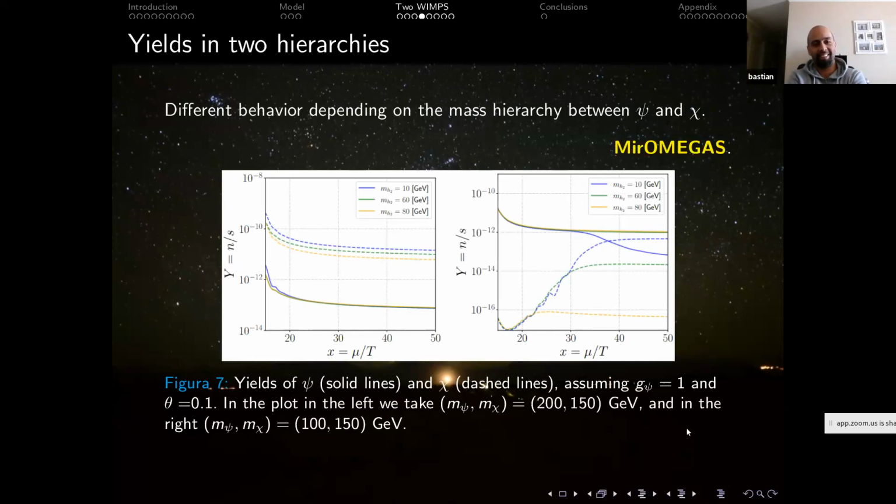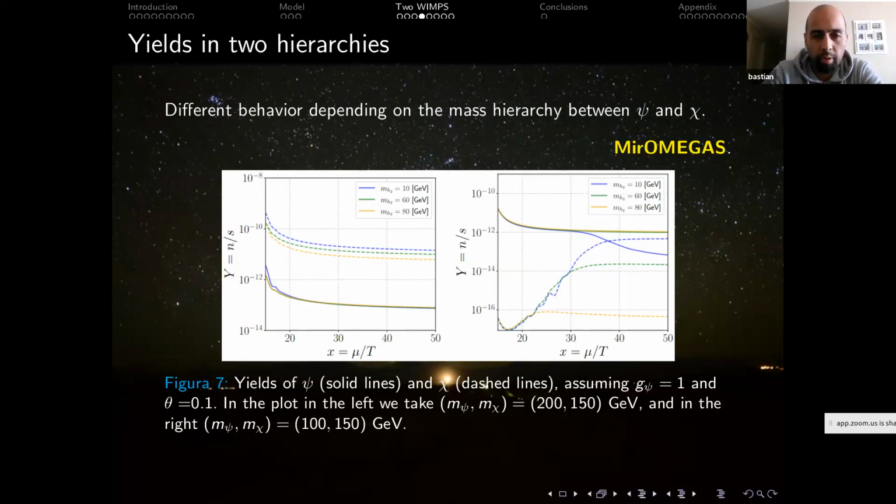Yeah, there, thanks. So this is what we obtain with Micromegas for the yields of the fermion and the pseudo-scalar. In the first plot, on the left, we have the yield as a function of the inverse of temperature, the yield of each of them, the dashed lines for the pseudo-scalar and the continuous one for the fermion, for three different masses.